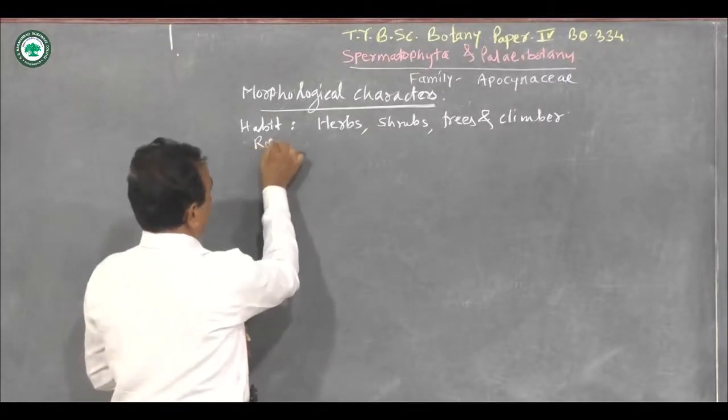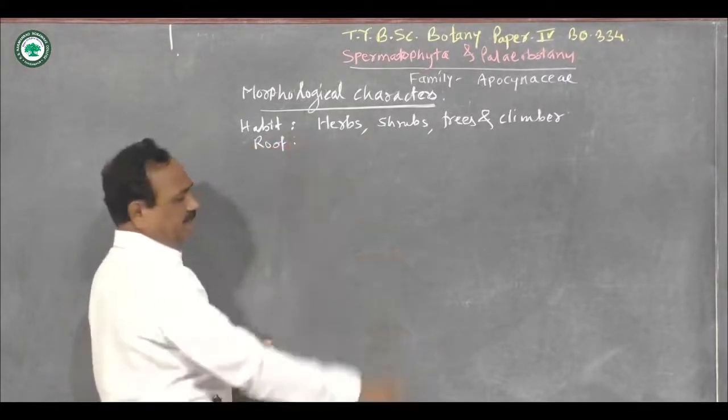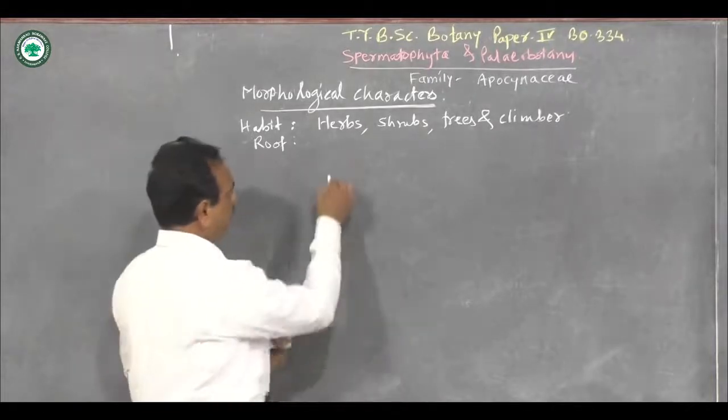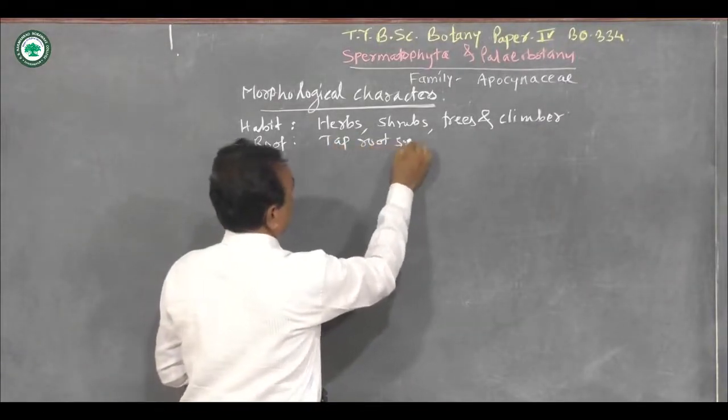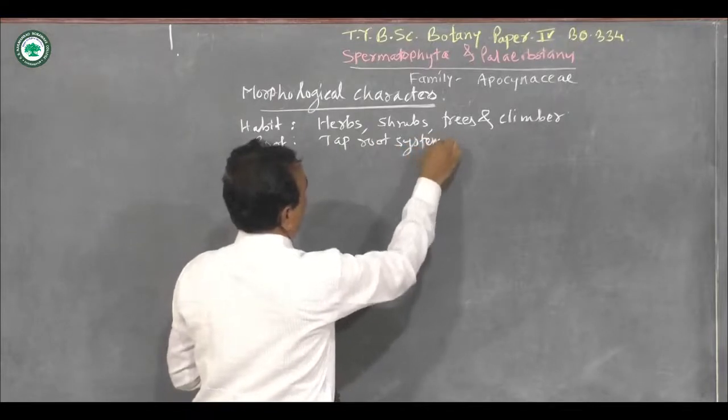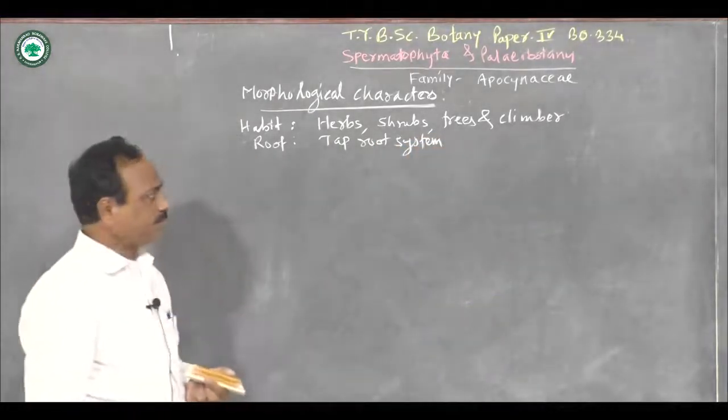If we see the root system, as it is a dicot family, it shows a well developed tap root system.